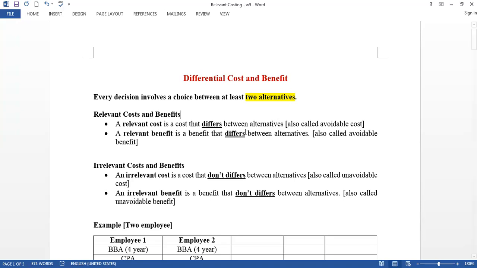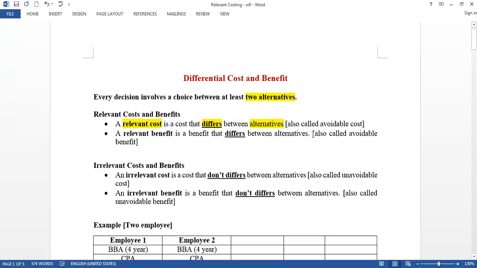So therefore, we are looking for some keyword like relevant cost, which means a cost that differs between alternatives. That means we have two alternatives, and in case of the cost, there is a difference.